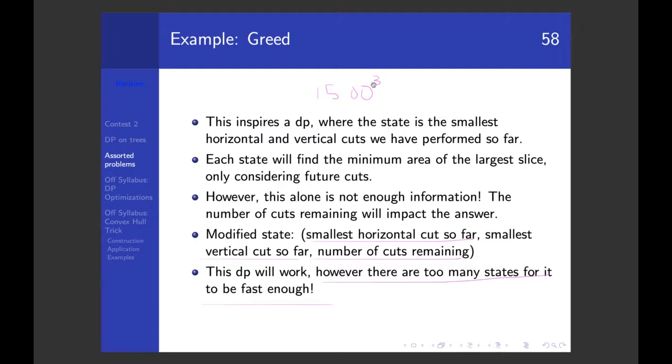No matter how fast the recurrence is, even with an order 1 constant time recurrence, we have more than 1 billion states. So this DP is kind of a lost cause, to be completely honest. So let's try something else.